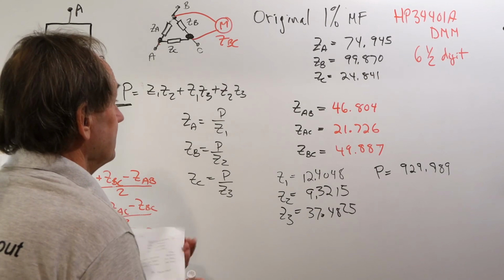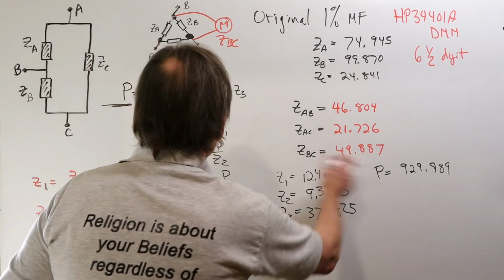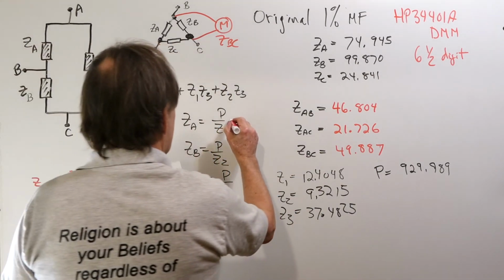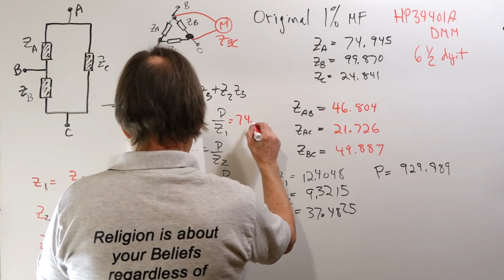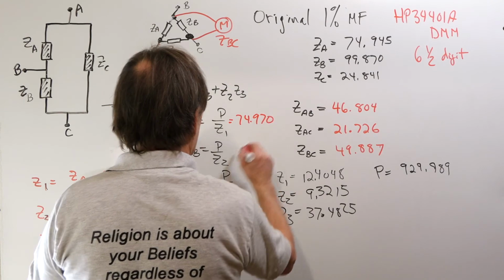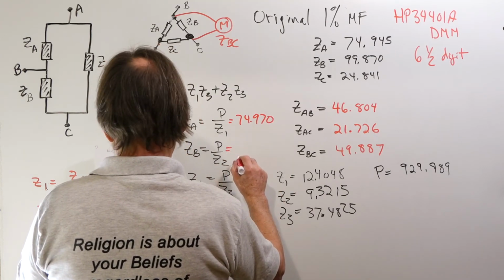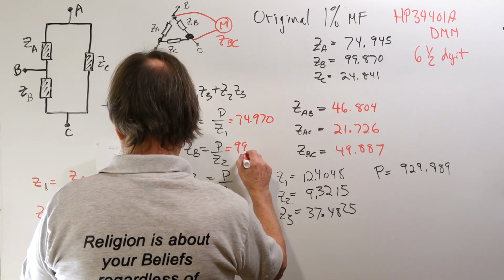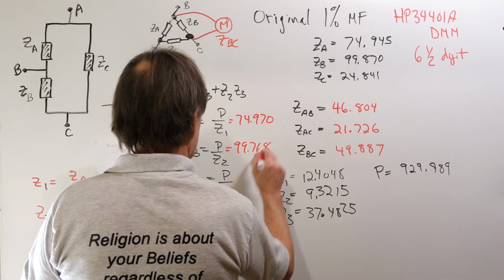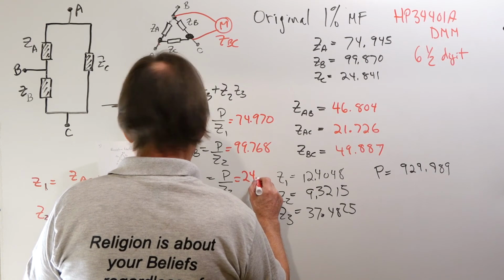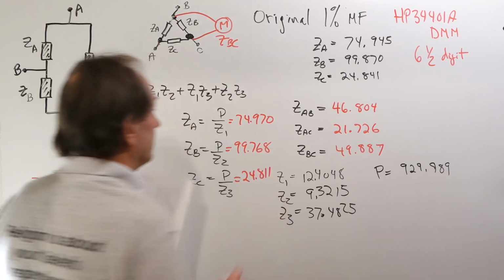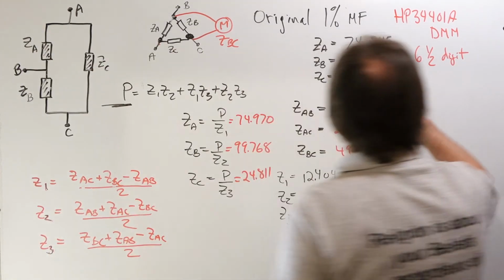Putting the values for Z1, Z2, Z3 into these equations, ZA computed to 74.970, ZB is 99.768, and ZC is 24.811.